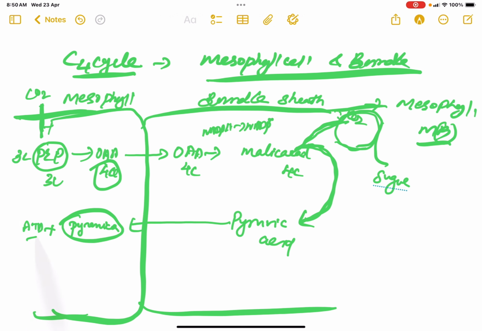From ATP, one phosphate group is released and it is converted into ADP, and this phosphate is added to pyruvic acid to form phosphoenol pyruvic acid. Hence the process begins from PEP and ends in phosphoenol pyruvic acid. Hence it is a cyclic process and it is known as the C4 cycle. Clear? Thank you.